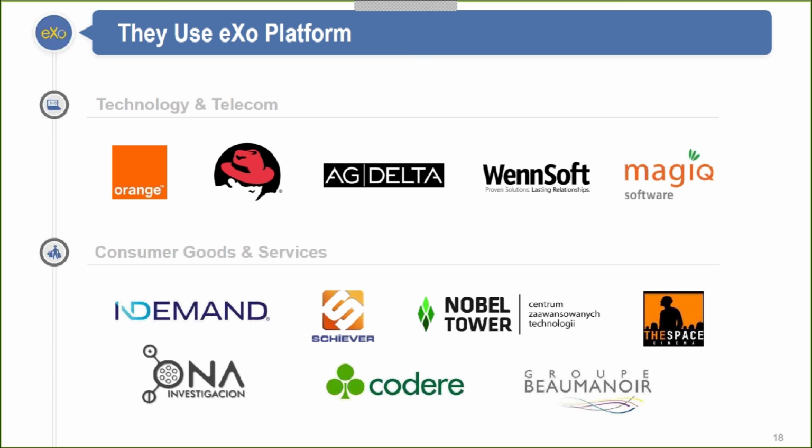And all these organizations vary in terms of size. Some of them are quite small, some of them are quite large. Their needs for security also vary, as you can expect from customers in the government and defense sector. They take security very seriously.